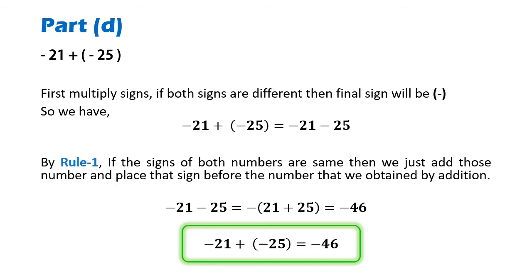By rule 1, if the signs of both numbers are same, then we just add those numbers and place that sign before the number that we obtained by addition. So, minus 21 minus 25 equals minus 46. Therefore, minus 21 plus minus 25 equals minus 46.